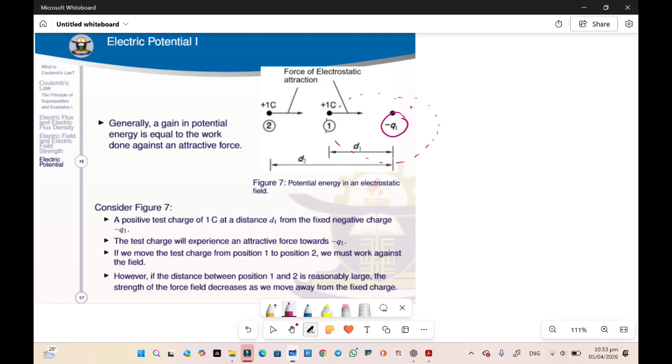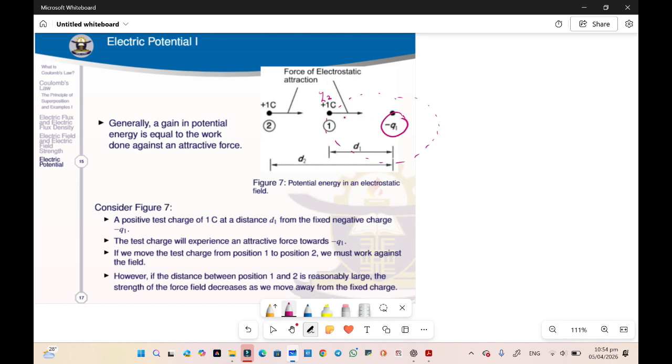So Q1 certainly has an electric field around it, and any charge that comes within the electric field will either be attracted or repelled. Now, if it is a positive charge like we see here for Q2, which is positive 1 coulomb, within the electric field of Q1, Q2 is going to be attracted to Q1, right?